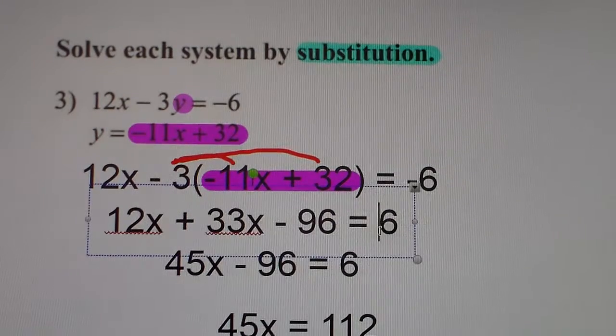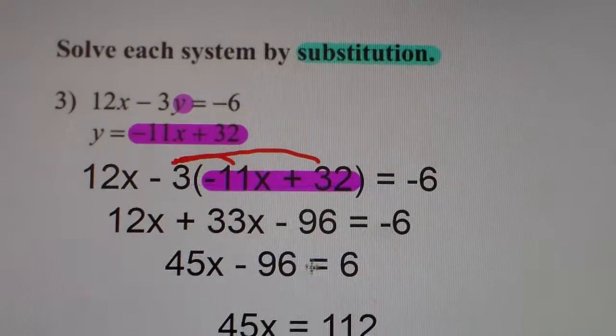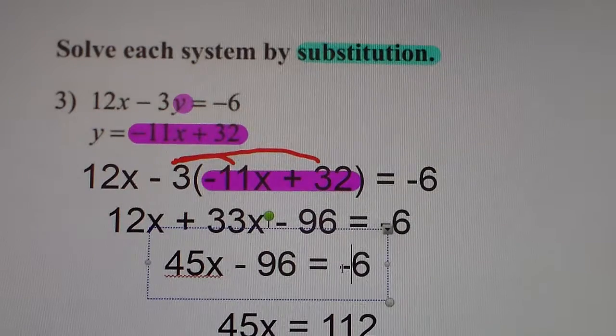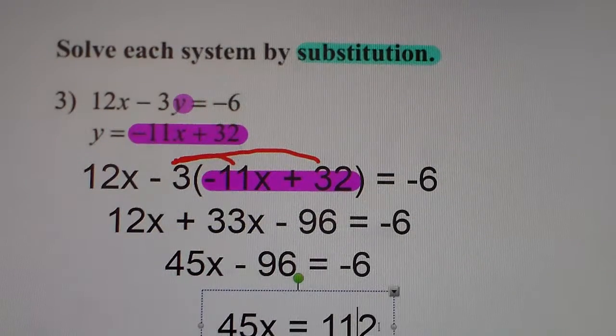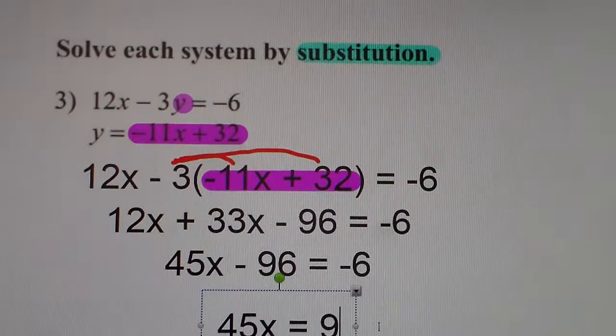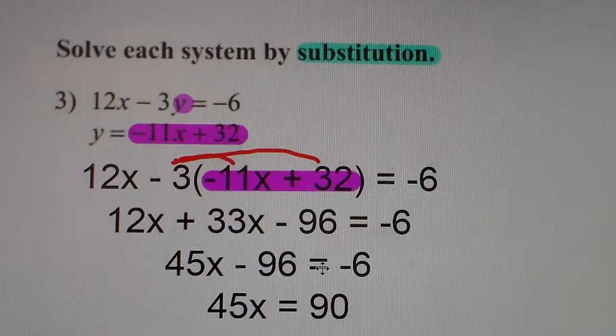Oh, so it's a negative 6. I knew I was making a mistake somewhere. There we go. Negative 6. So negative 6 plus 96 will get us just 90. Cool. Then we divide by 45 on both sides, and we're going to get x equals 2. So x equals 2.